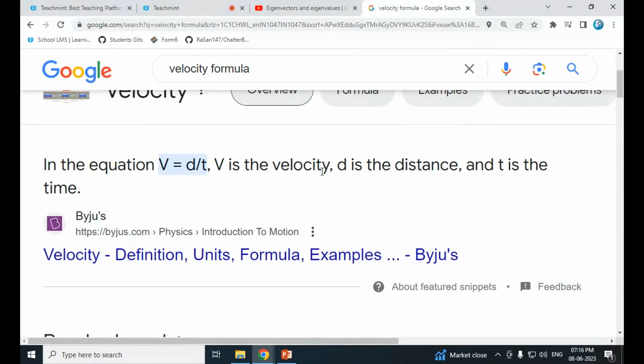So you are covering some distance with respect to time. You are not talking about direction again. Okay. So what is the speed formula? d by dt.